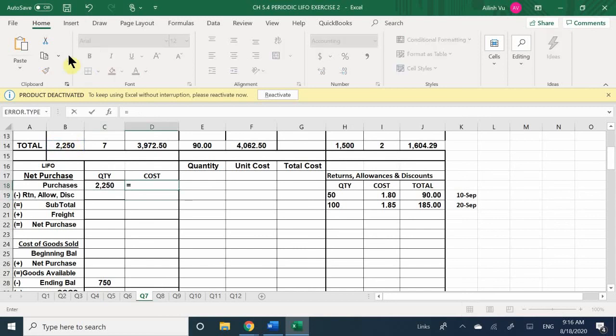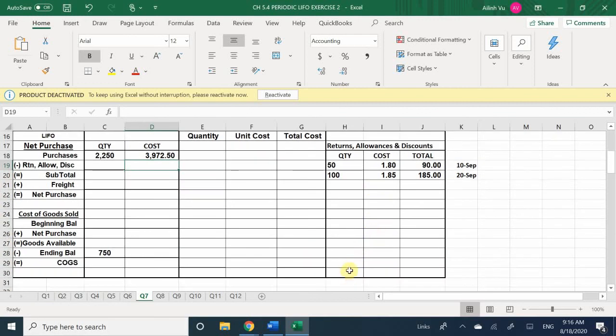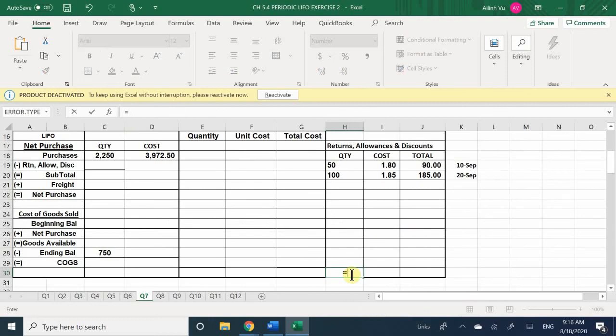Okay, I started off with $3,972.50. Do I have returns and allowances? Yes, I do. So, yes, I have a total of 150.